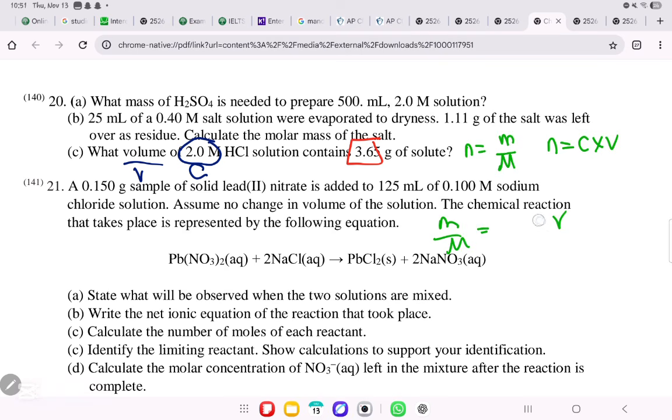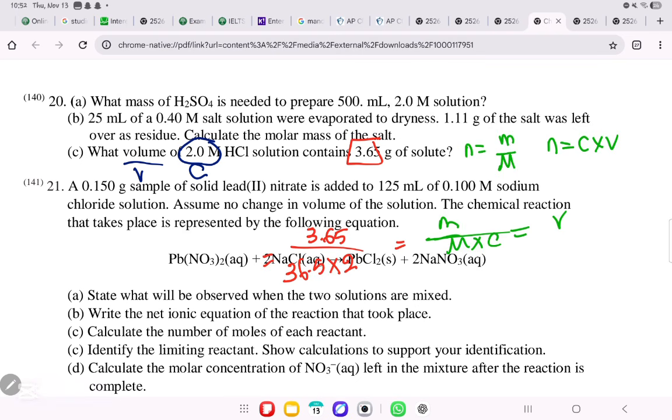We need volume to be the subject of the equation. That means mass over molar mass times concentration is going to give me the volume. So it's going to be the mass, which is 3.65, over the molar mass of HCl, which is 36.5, times 2. This should give me the volume in the SI unit.